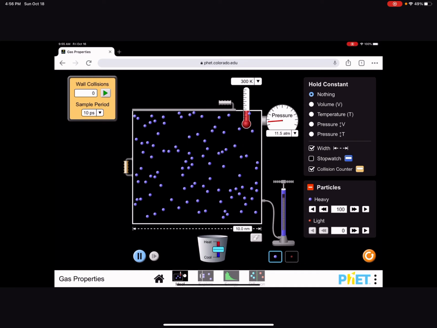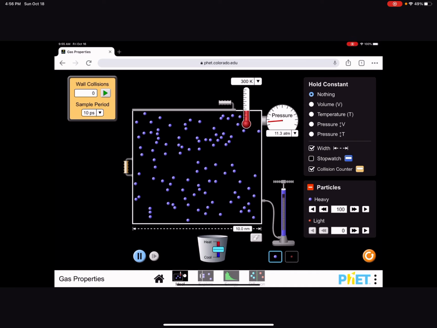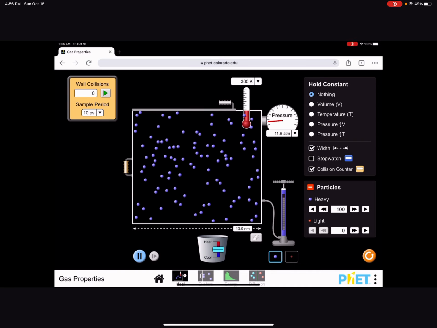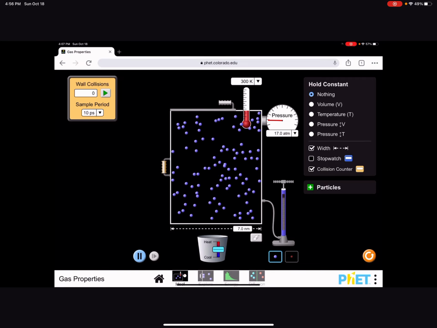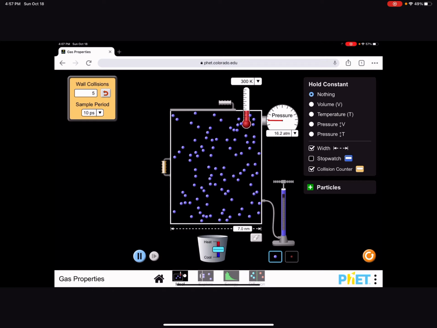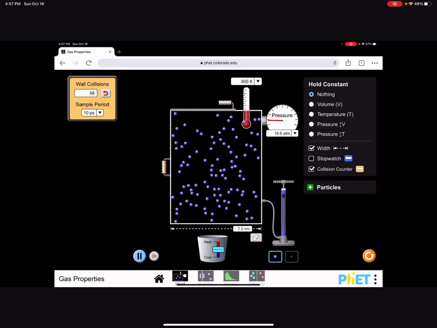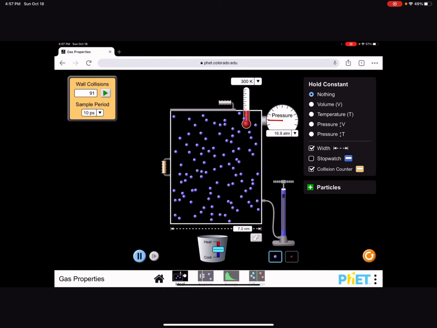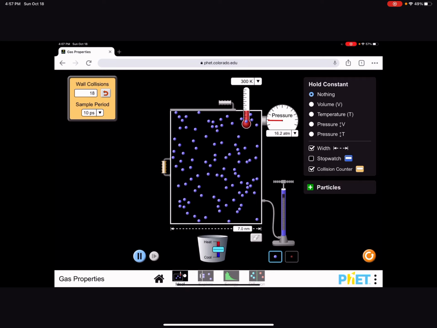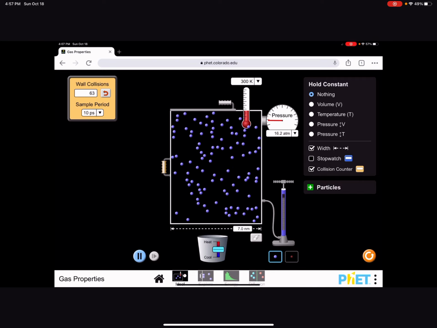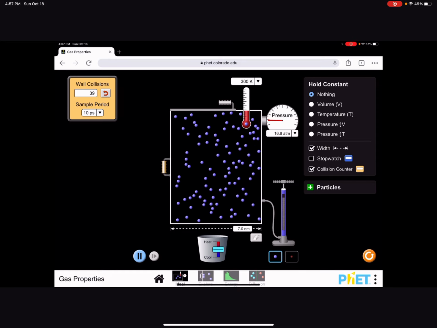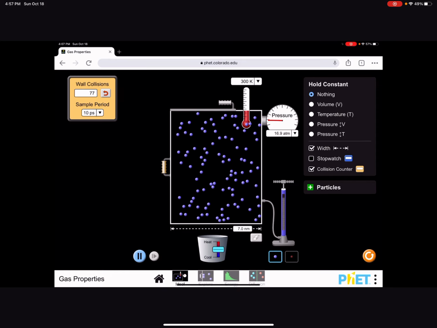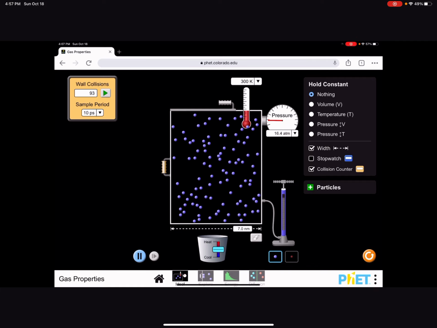Let's review the reason behind what's going on in this simulation where you can actually see the gas particles. So this is our container full of gas. Notice at this point we have how many wall collisions? See, 90, 95, 93, quite a few.